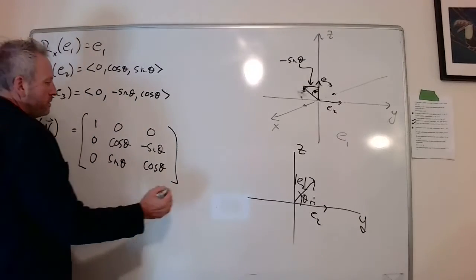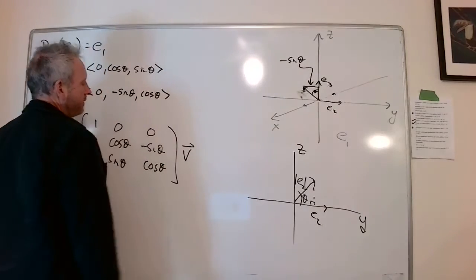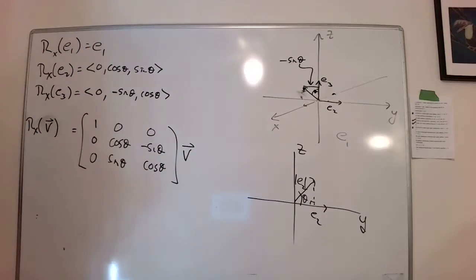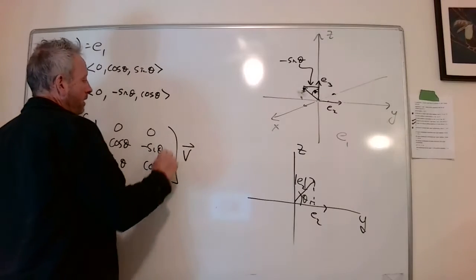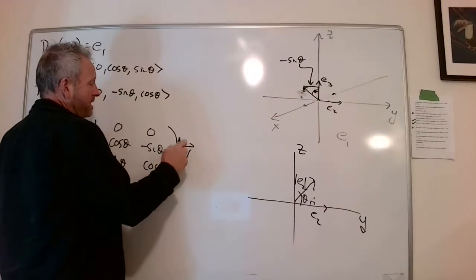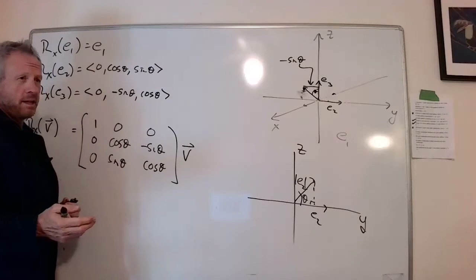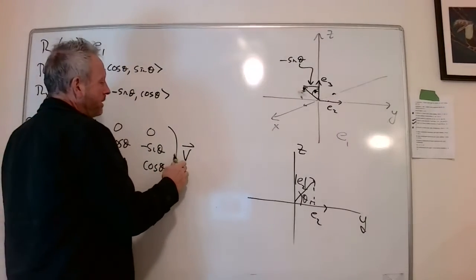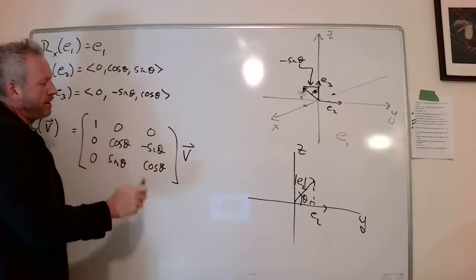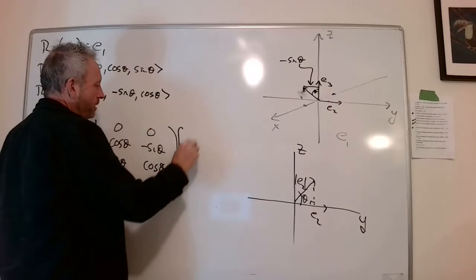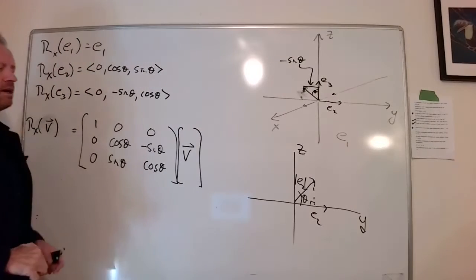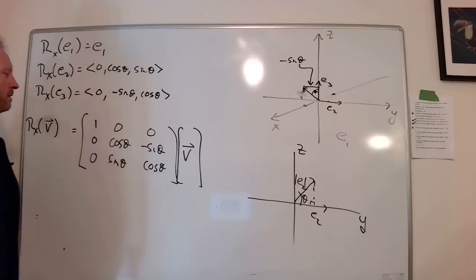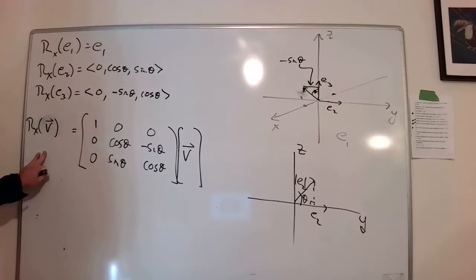Actually, a vector is technically not a matrix, but it's probably clear to write it like that. I could do something like this to emphasize the fact that we're doing matrix multiplication. So there's the rotation about the x-axis.